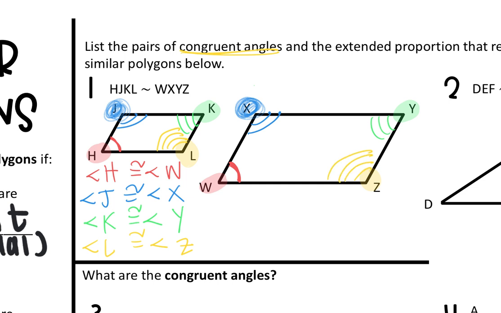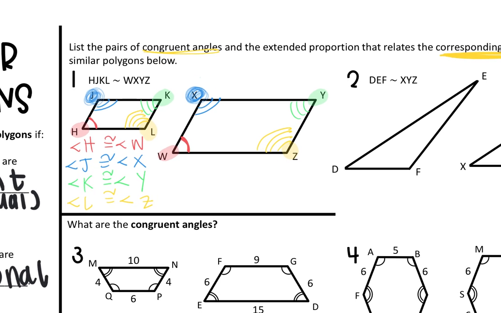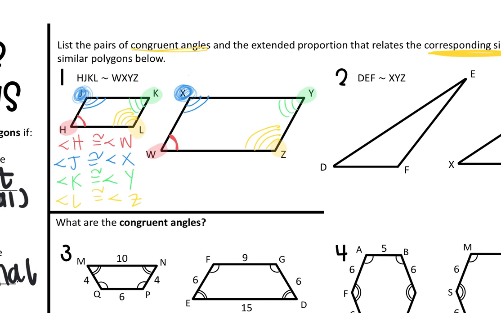And to signify that difference, I'll do 4 arcs. Okay, so notice how I go up in arcs every other angle, okay? So every time I go to a different angle, I'm adding 1 arc to my drawing so I can see the difference. Okay, so my angles are done. I have 4 angles, so 4 sets of corresponding angles.